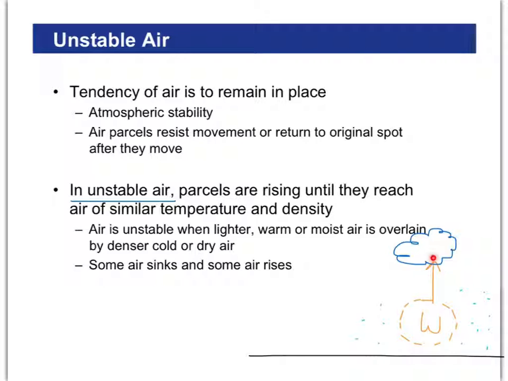When air rises up, it will cool and it will condense. So almost all unstable air results in some sort of precipitation. And we'll just leave it at that for now. Actually, I will say one other thing.